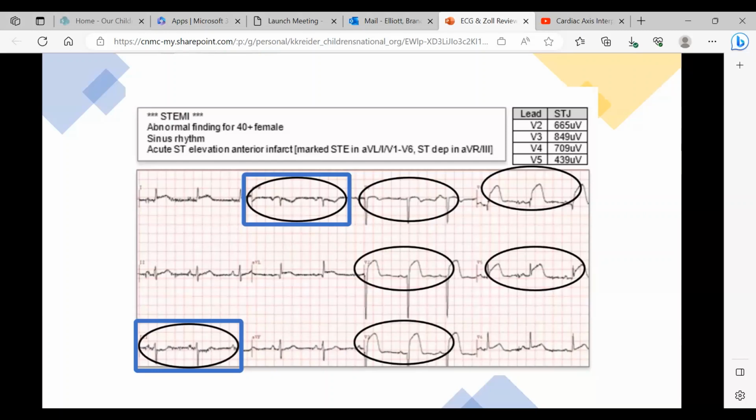The monitor is programmed to identify a STEMI when a female is above 150. Anything above 150 is elevation, because looking at something on a piece of paper, it's hard to tell how well it's elevated. But if you knew that women don't pronounce a STEMI until they're above 150 on STJ, does that make sense? Well, ours is in millimeters, so I guess that would be 1.5. Okay. Yeah.